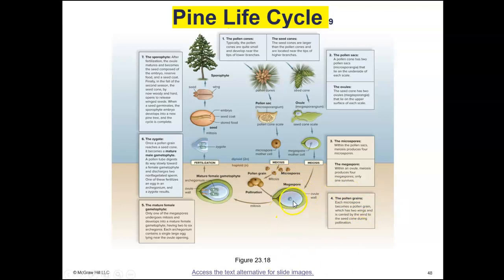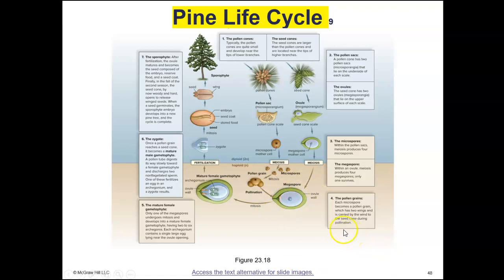Similar to humans, within that megaspore, that female structure, only one of the 4 cells that's produced by meiosis will actually become an ovule. Only one of those survives to become an ovule or egg.